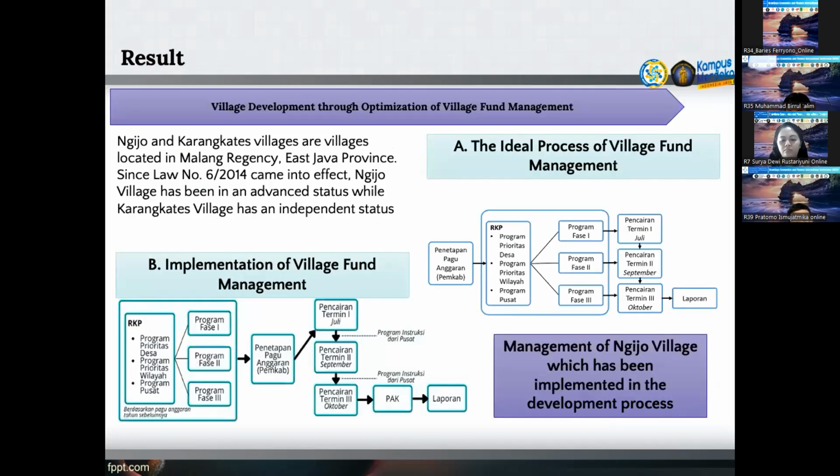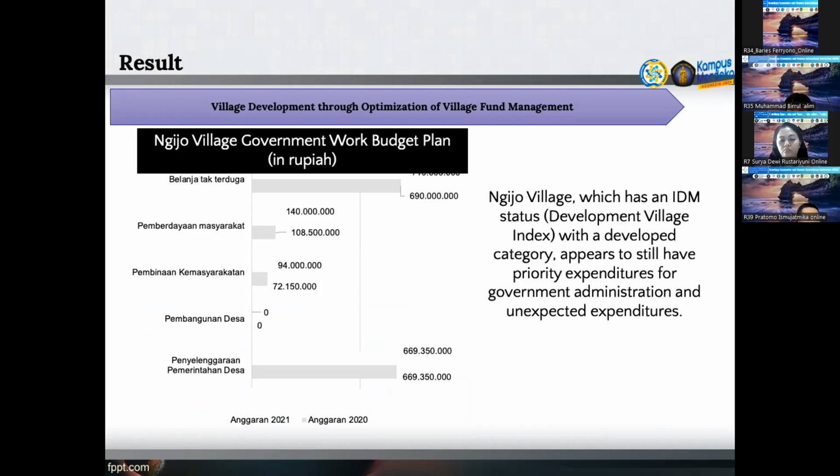All right. Firstly, in terms of village fund management, I think they are not really different from each other, since they follow Law Number 6 of 2014, and they have a targeted work plan from the planning until the executing phases. What we found is that the management of village funds varies in terms of how they allocate them.